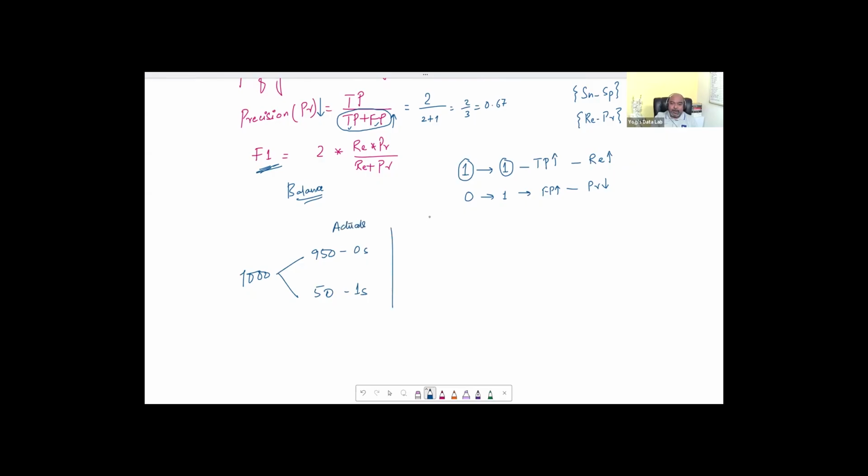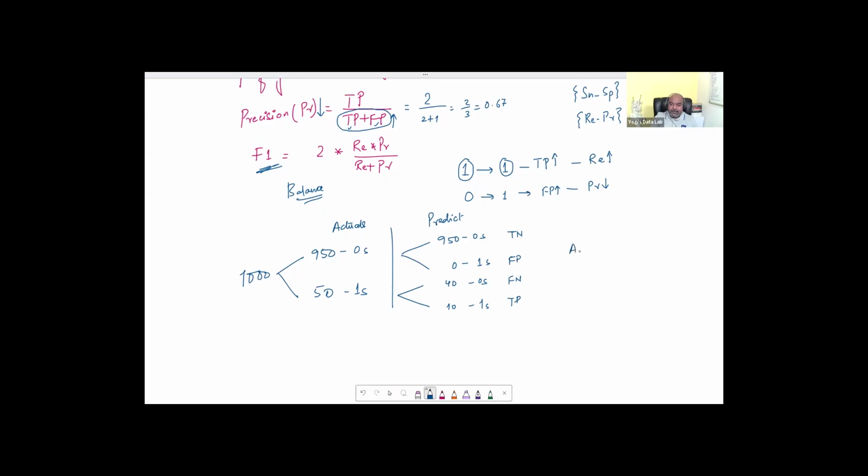When I build a model and predict, I ended up predicting 950 zeros and 0 ones in the zero row. In the other row, I ended up predicting 40 zeros and 10 ones. Now, this is the number of true negatives. This is false positive. This is false negative, and this is true positive.